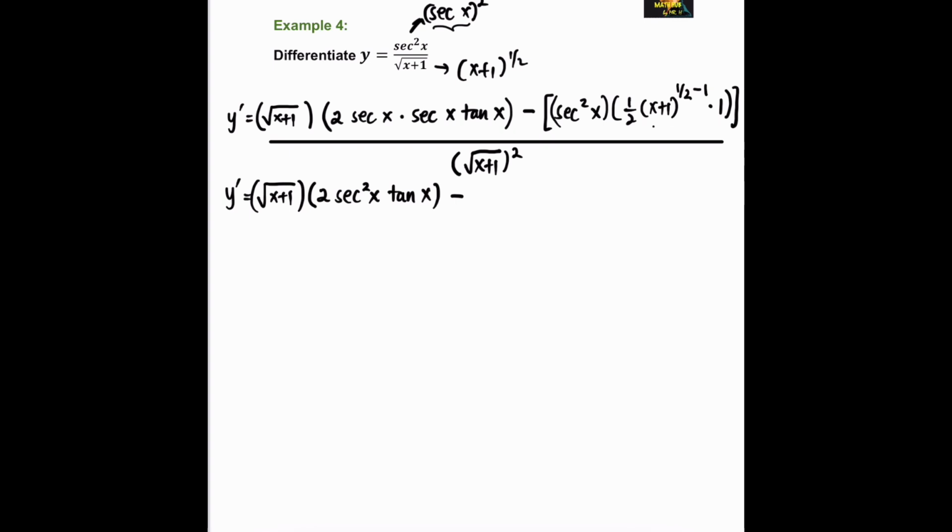So we can see here that, all right, we'll have 1/2. 1/2 times 1 is 1/2. And then secant, we copy secant squared x. And this one needs simplification. So we simply copy the base, x plus 1. And 1/2 minus 1 is negative 1/2.